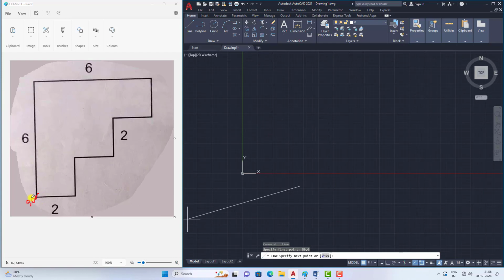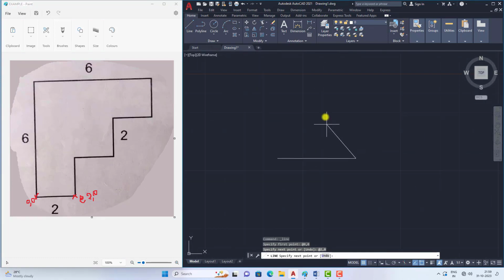We have created this point, right? To calculate the coordinate values of the next point, you need to take the reference as this origin point. So I need to move 2 in the x direction and I don't want to move in the y direction. So I am giving @ 2, 0 and pressing enter.